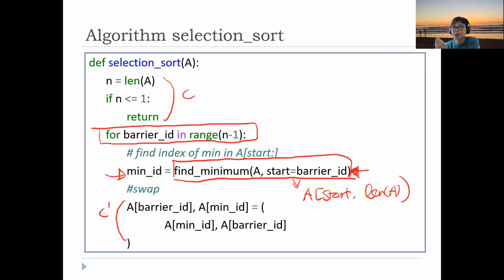In the end, you return the smallest you've seen, the smallest of the entire portion. So I have to visit every element within this subarray, which means we need time linear to the size of this subarray. This subroutine takes time big theta of the size of the array minus start.